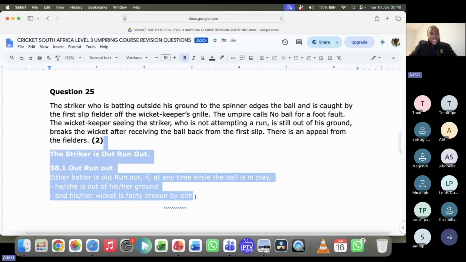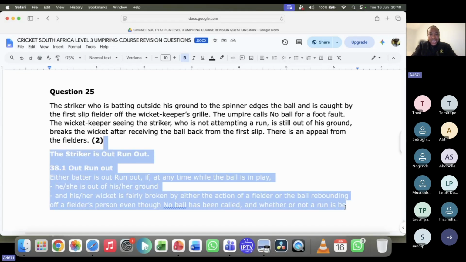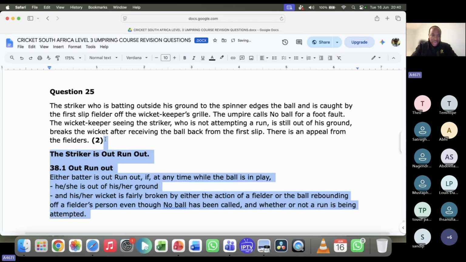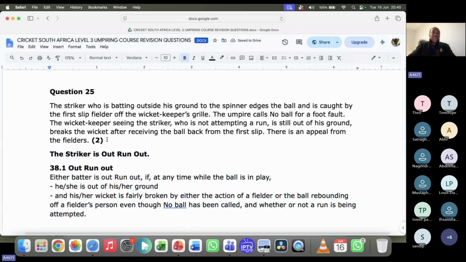But because the first slip fielder was involved in the scenario, the striker is out, run out.